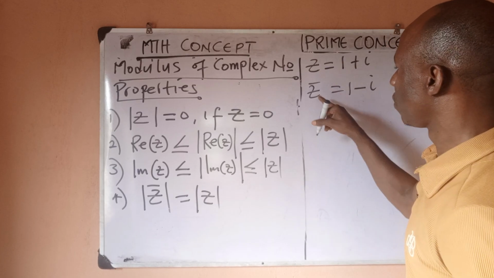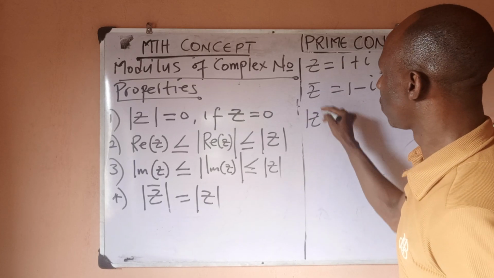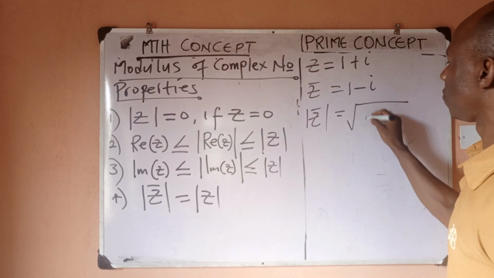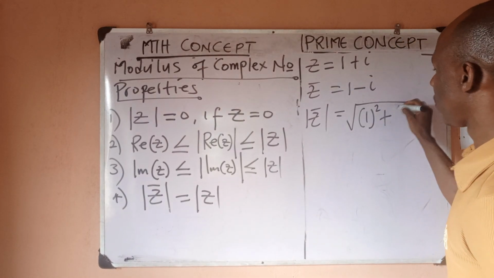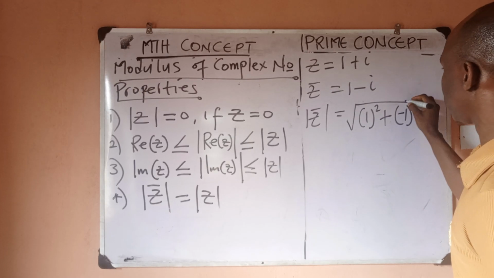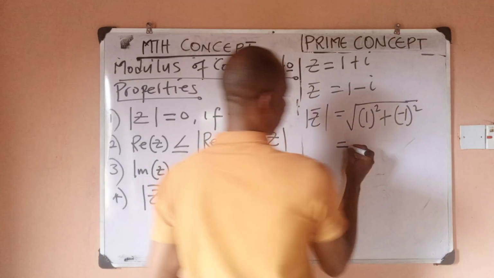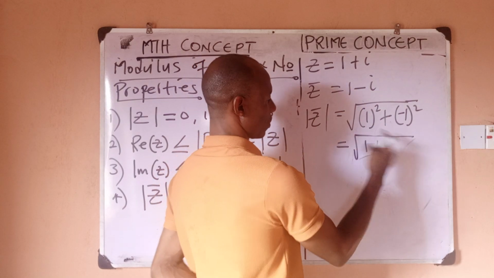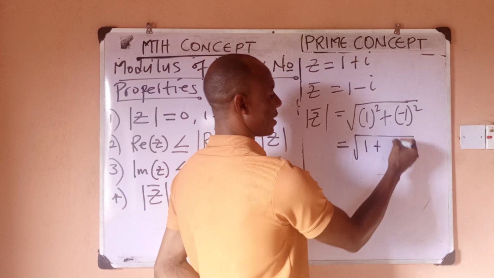Now let's find the modulus of the conjugate. The modulus of the conjugate is going to be the square root of 1 squared plus the coefficient of i, which is minus 1, so I'll say minus 1 squared. So 1 squared is 1 plus minus 1 squared, which is still 1.